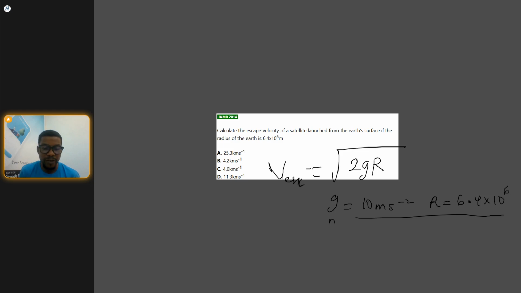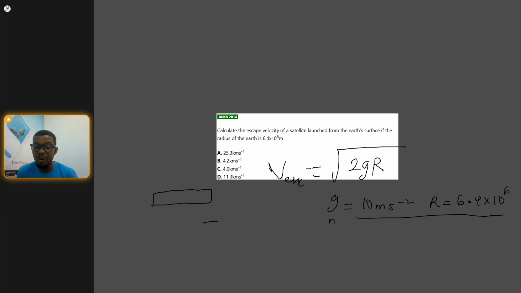All right. So we have a response for option D, that option D is the correct answer. By simple substitution, you are going to have the square root of 2 times 10 meter per second squared times 6.4 times 10 raised to power 6.